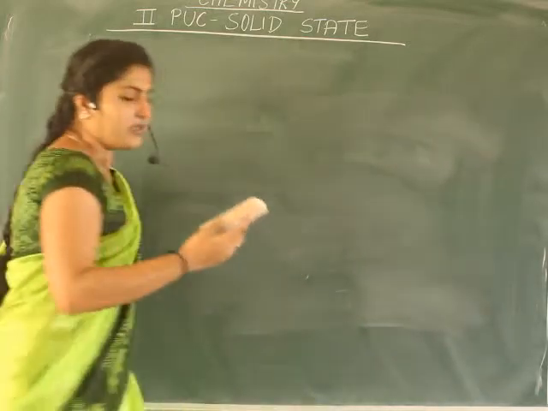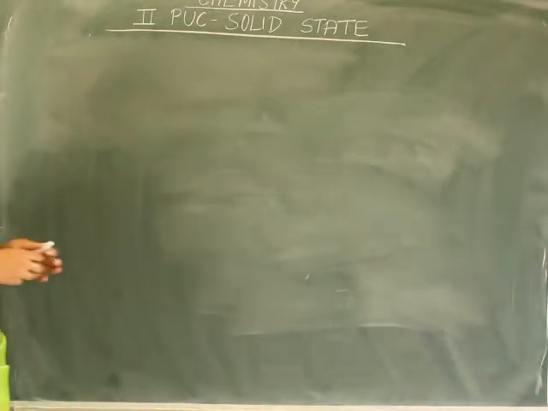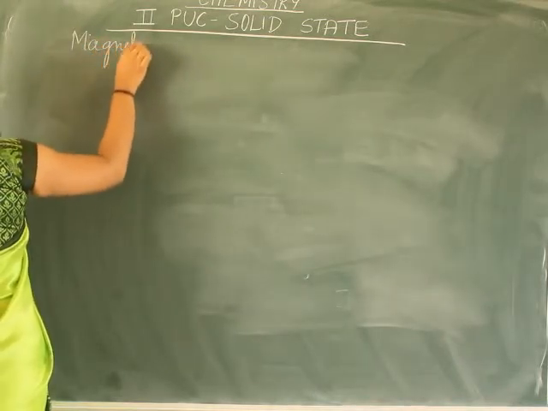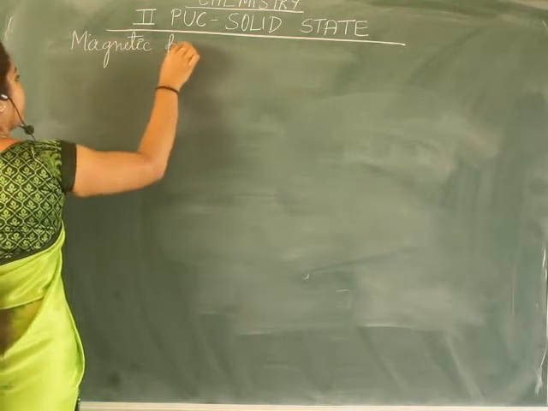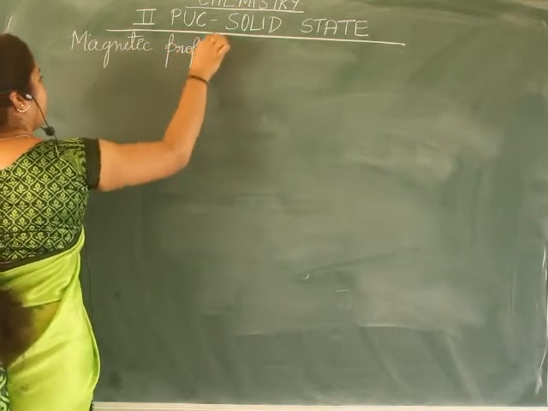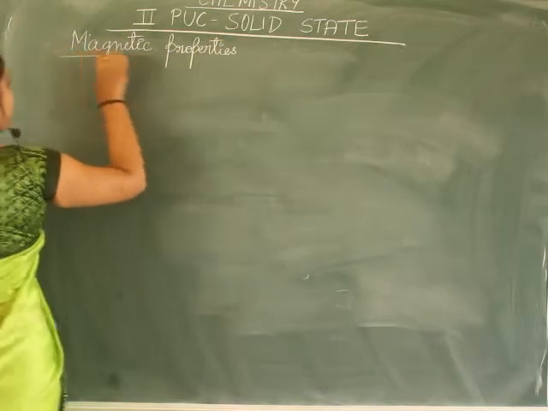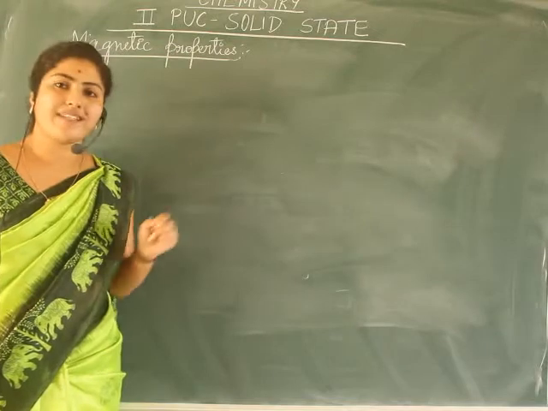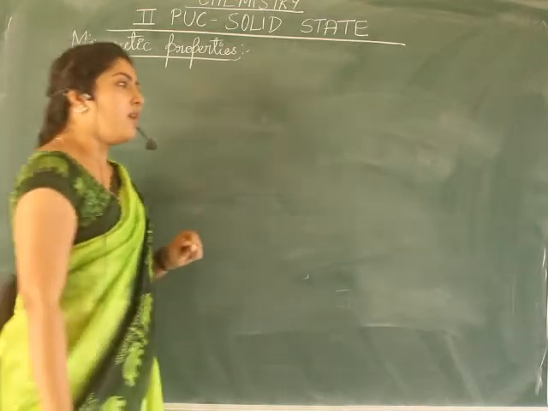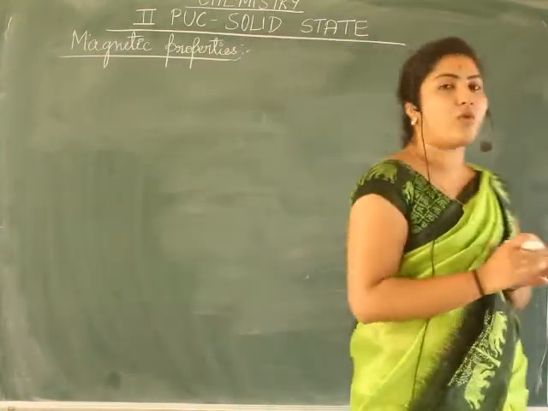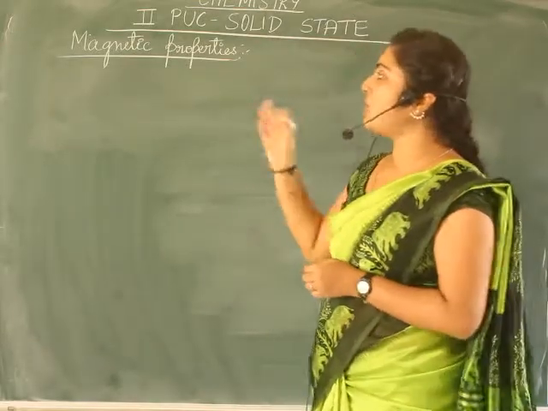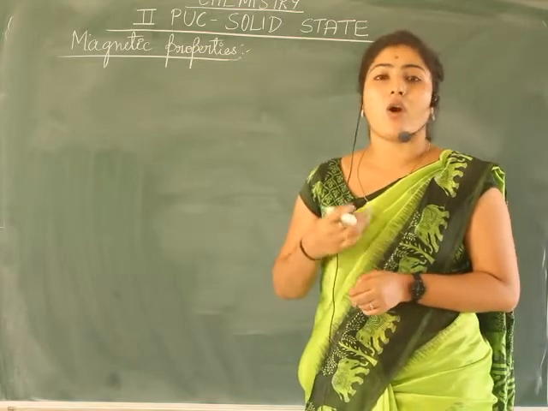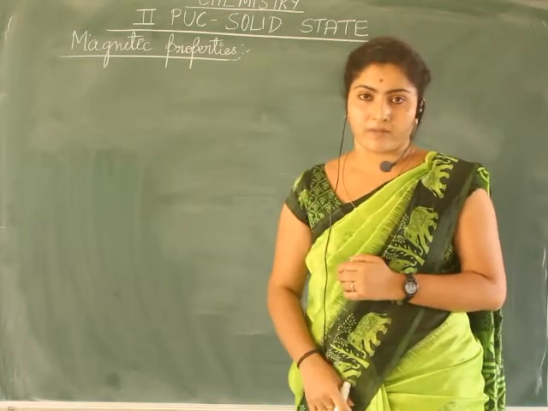The next important concept that we study under solids is their magnetic properties. Most of the solids do show this magnetic property. The reason is their orbital motion and spin motion.